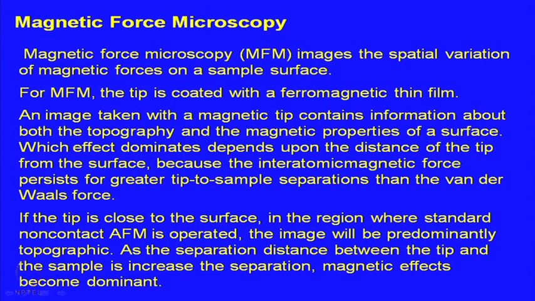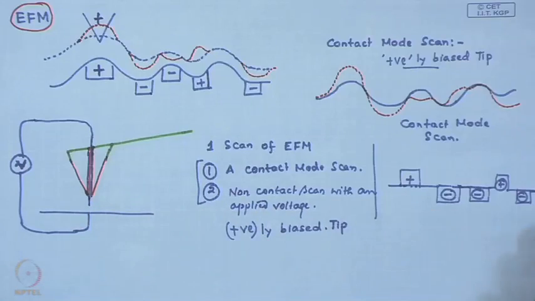A similar thing is also possible with a magnetic tip, with the application of a magnetic field, what is known as magnetic force microscopy. It images the spatial variation of magnetic forces or magnetic domains in a surface. For an EFM tip, one has to use an electrical wire to make the circuit and make it conducting.